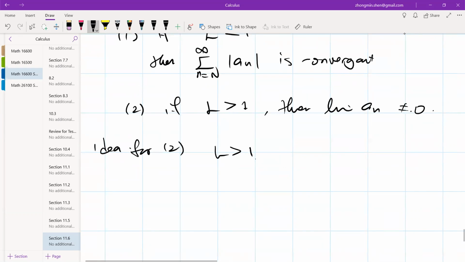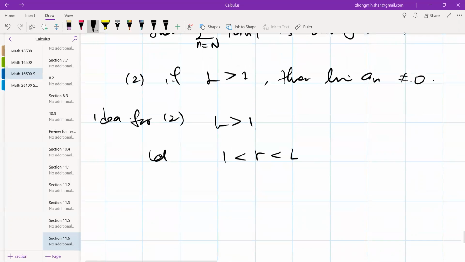So that means you can take a number, let r be greater than 1 and less than L. That's possible, right?